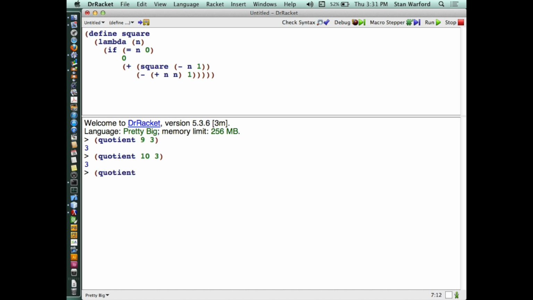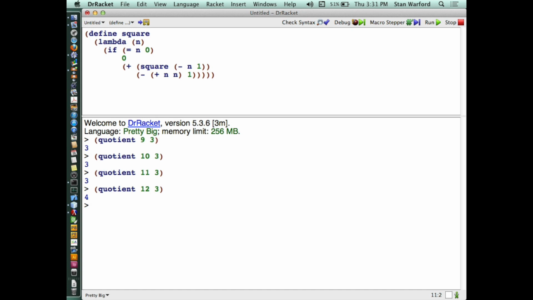How about quotient 11.3? Still 3, but now's your chance. Quotient 12 3, what's that? 4. Okay, so everybody understands what quotient is.